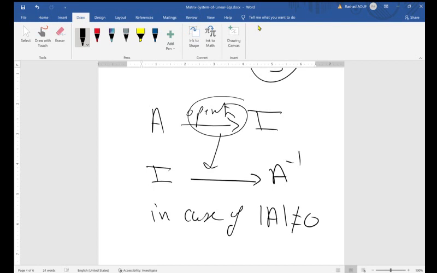Now let me give you an example of how to solve a system of linear equations, which means I give you a system with unknowns and I ask you to find their values.